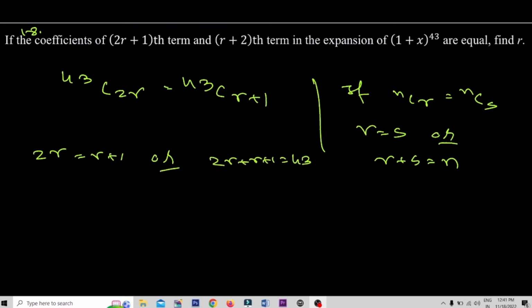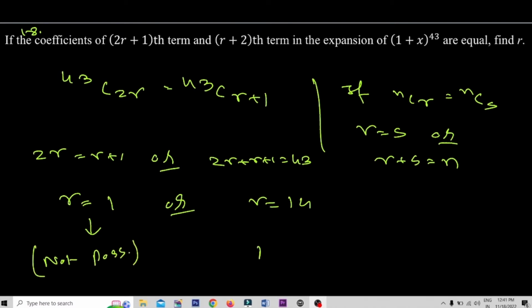We can say here r equal to 1 or r equal to 14. So r equal to 1 is not possible, because if we put r equal to 1, it gives the same term. So not possible. So the answer is r equal to 14.